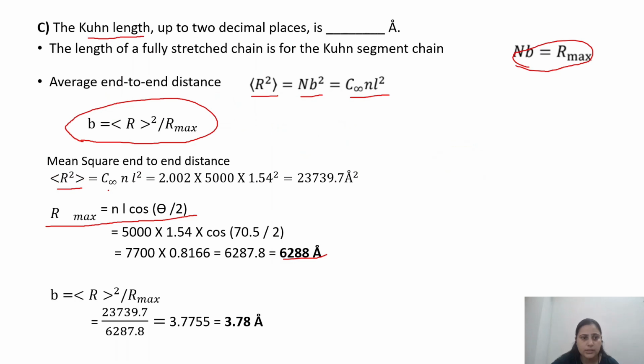We calculate it using the characteristic ratio from the previous slide, 2.002, multiplied by N, which is 5000 as given in the question, and then multiplied by 1.54 square. Now we divide these two values and get 3.78 angstrom as our cone length.